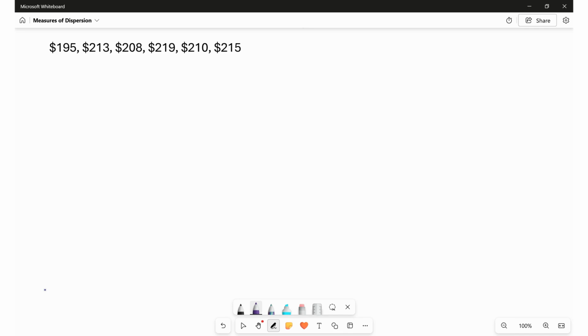Now let's continue with these data points. So suppose you are planning a trip and these are the prices that you found, for whatever part of that trip we want to talk about. Whether that be like renting a car, a hotel room, maybe you were able to find some really cheap flights, but you want to find out like what is the standard deviation.